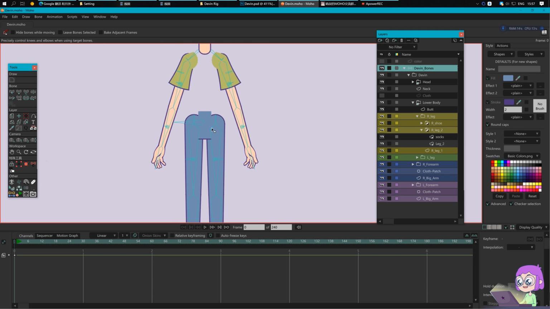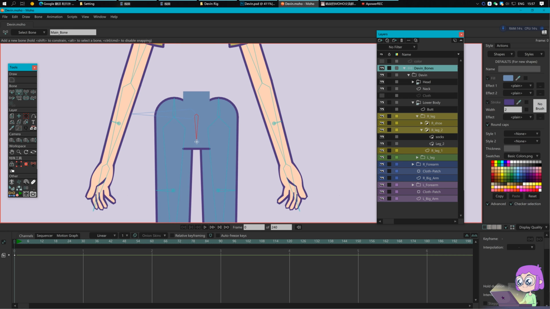Next, set a bone of the butt. Connect the bones of the two legs to the butt bone.